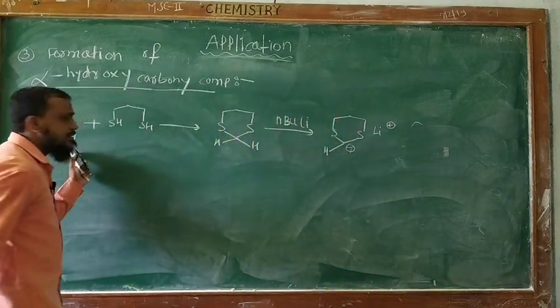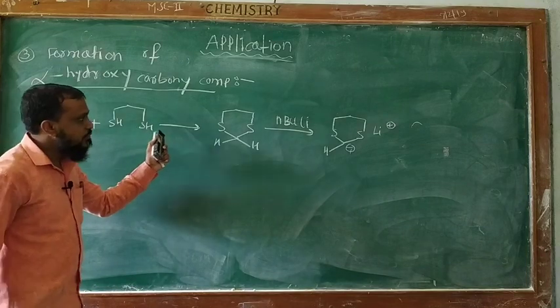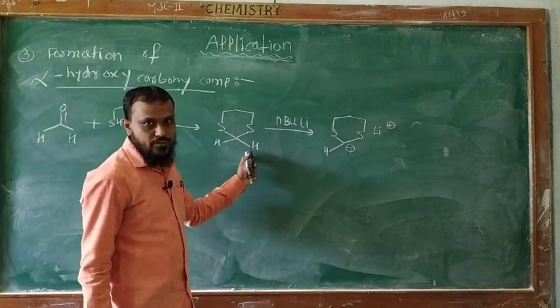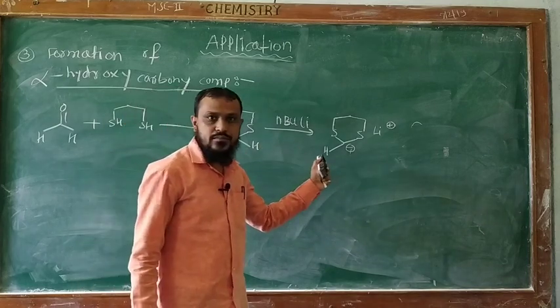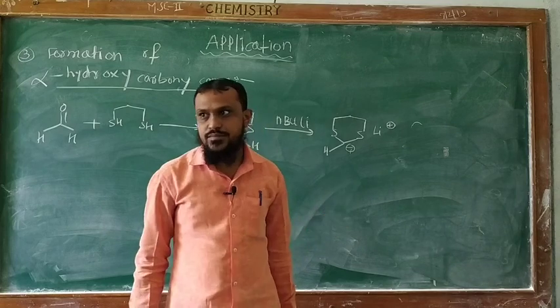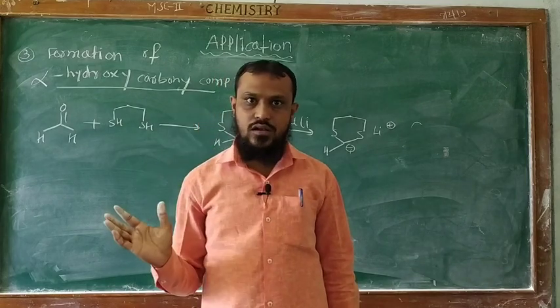Okay. We know that when formaldehyde is treated with 1,3-dithiol to produce 1,3-dithiane, 1,3-dithiane undergoes deprotonation with the help of n-butyl lithium to produce lithiated salt. Okay, so this is the same step in all reactions.